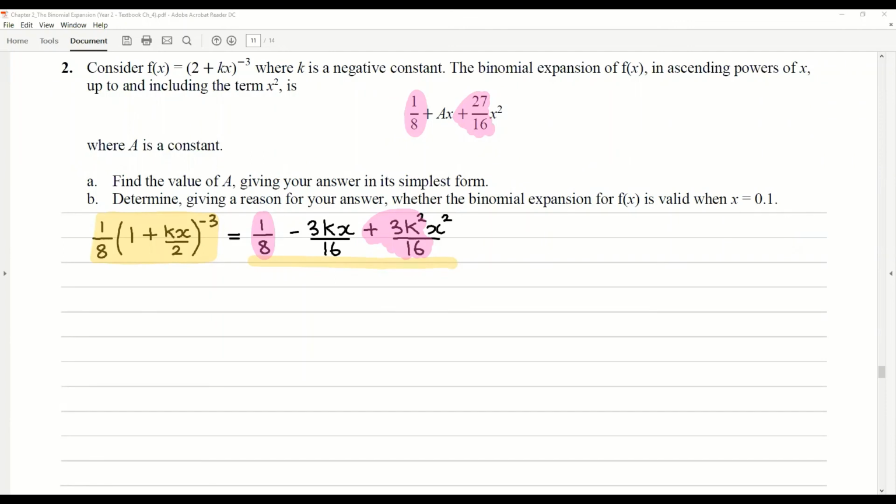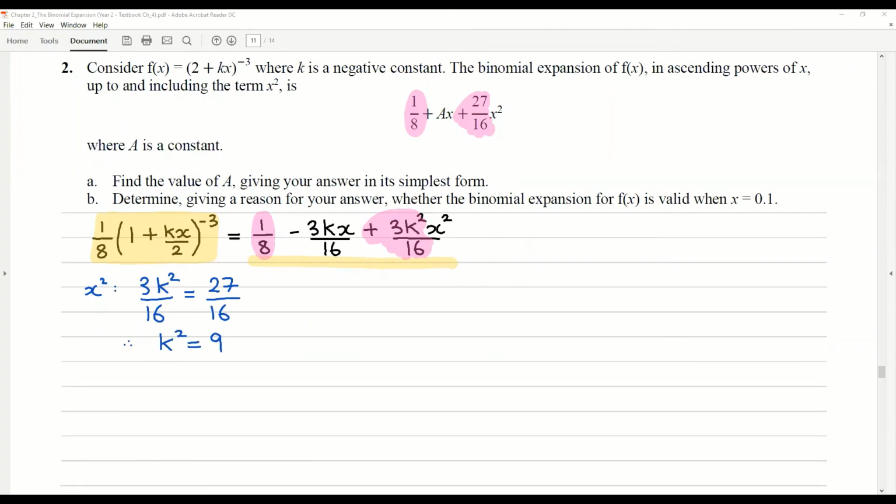Looking at the x squareds, 3k squared over 16 is equal to 27 over 16. So clearly we can multiply both sides by 16 and divide by 3. So therefore, k squared is equal to 9.